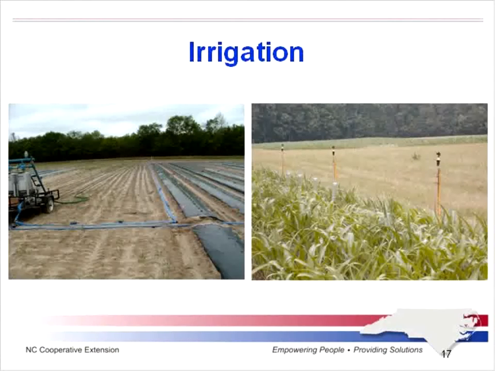Let's start with irrigation. We've already spoken a little bit in the second module about the risks associated with drip and overhead irrigation. And I think it's clear that overhead irrigation has a direct impact on the edible portion of the produce.